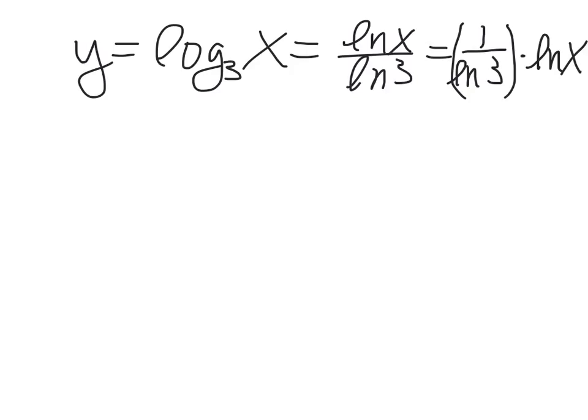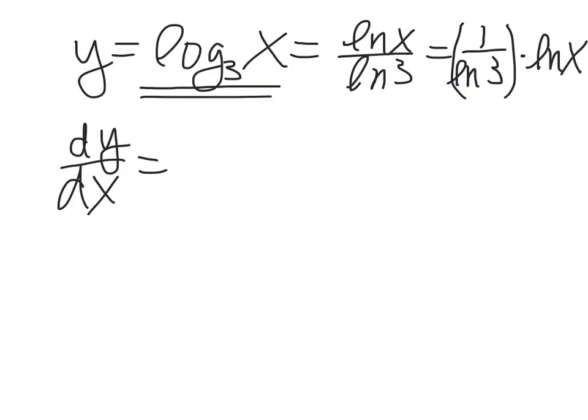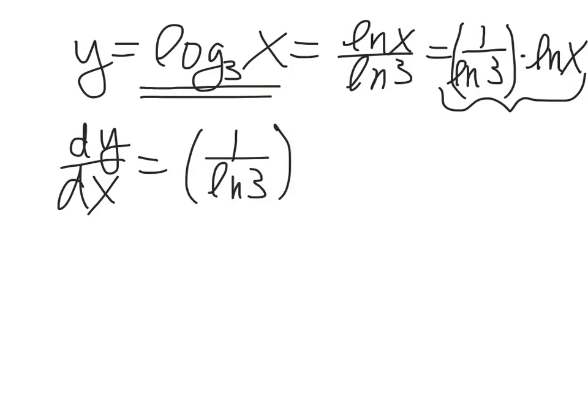So, we take the derivative of y with respect to x, which again originally is this. We want to look at it in this form. We would have the constant times, well, what's the derivative of natural log of x?